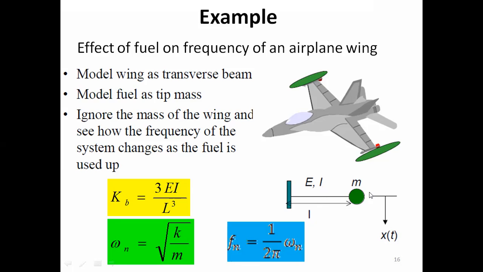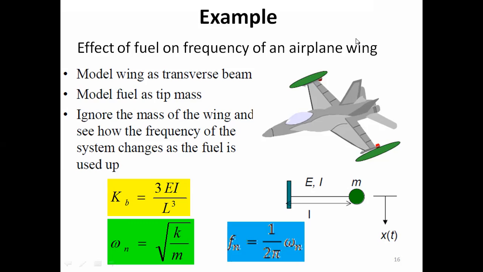So the first step is you have to model your system, and we are ignoring the damping. So in that case, our system would be an undamped system, and we want to find out its natural frequency. We are modeling this as a 1 degree of freedom system.